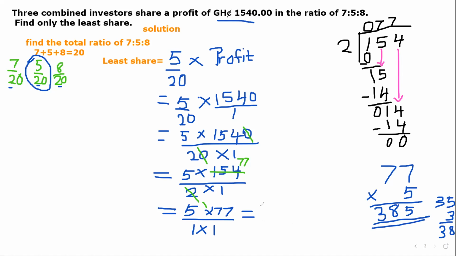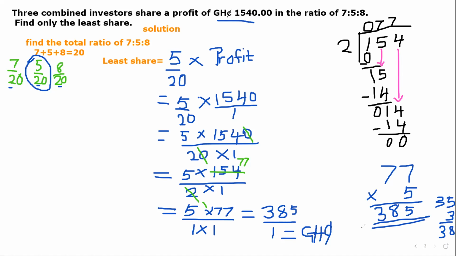So which means that here is 385 over 1. And the final answer will be in Ghana cedi, okay? Because you are dealing with money.